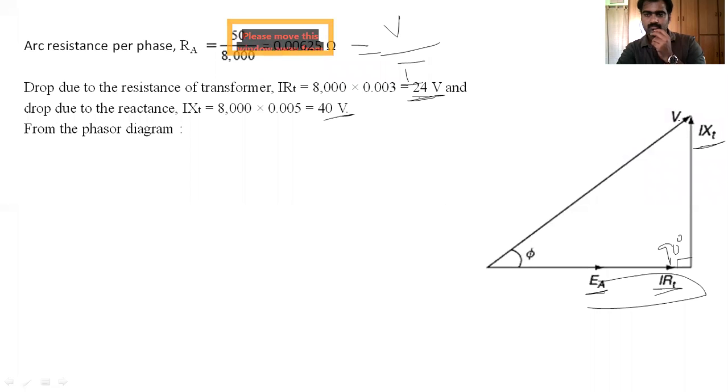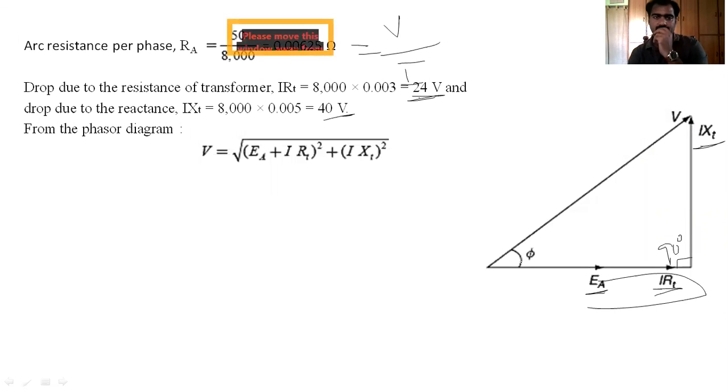Okay, so from this phasor diagram, we are going to check out the resultant voltage. You know that in trigonometry, in a right angle triangle, hypotenuse square is equal to side square plus side square.